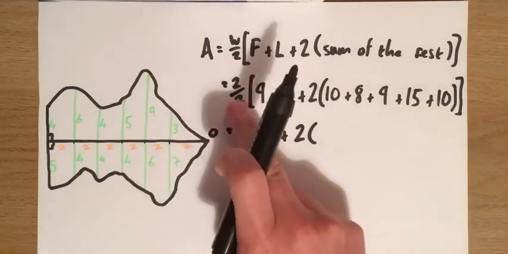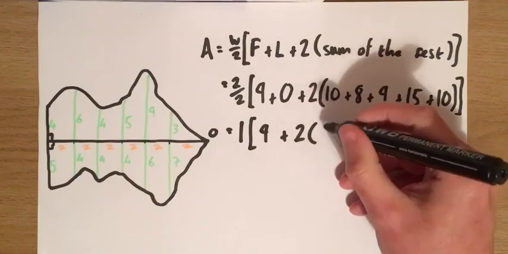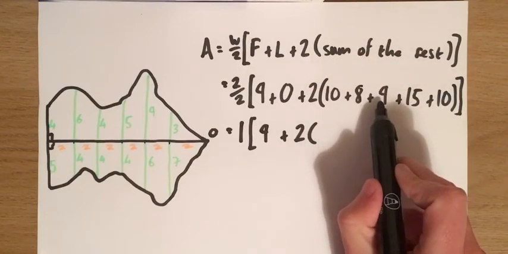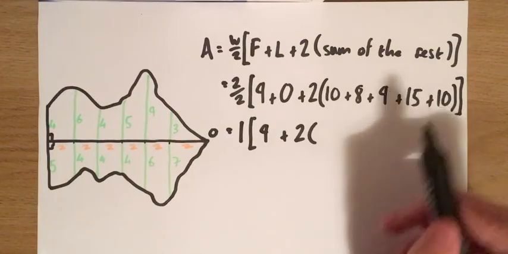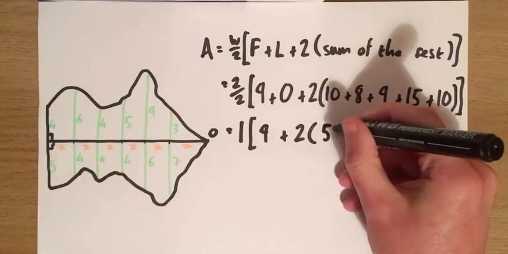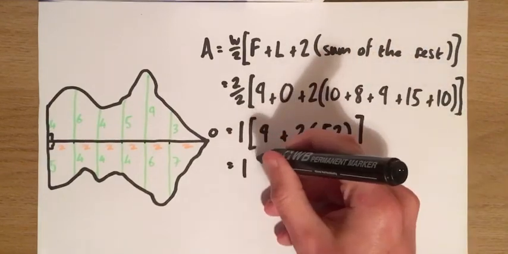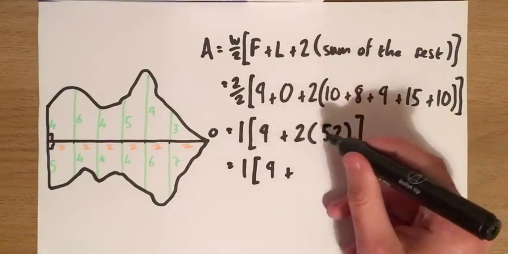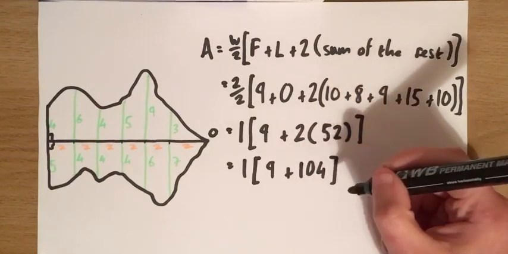Okay, again, you could plug that into the calculator, it'll spit out the right answer. I'm just doing it step by step. So 2 times 10 plus 8 is 18, plus 9 is 27, plus 15 is 42, plus 10 is 52. So it's equal to 1 times 9 plus 2 times 52 is 104.